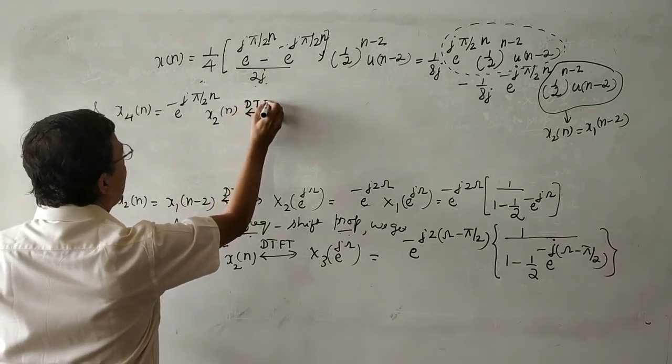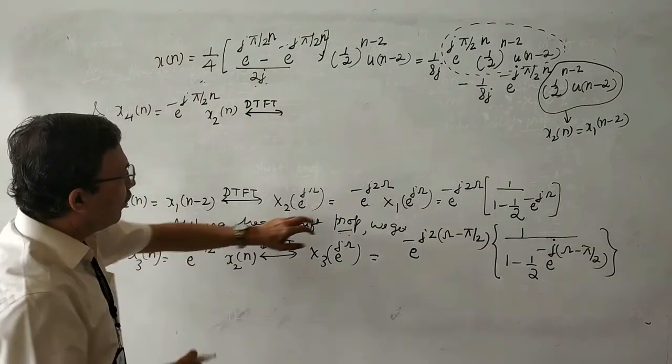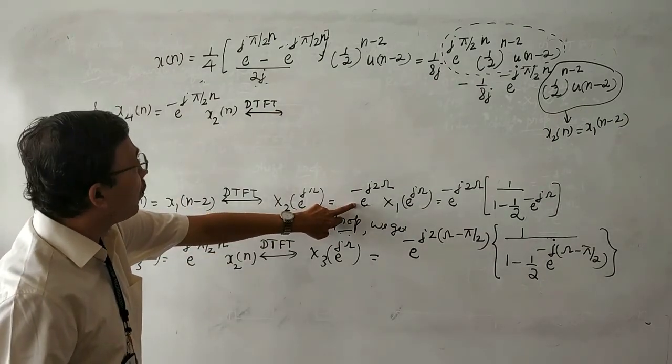This will have a DTFT. What will be the DTFT? In this, replace omega by omega plus pi by 2.